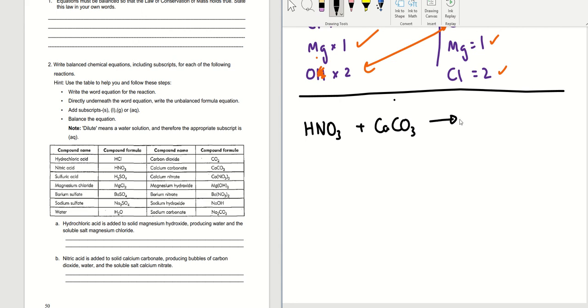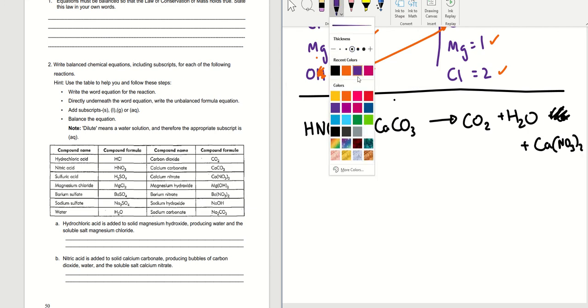We get carbon dioxide. We get water. And we also get, hopefully it fits, calcium nitrate. Ooh, it won't fit. So I'll just rewrite this one down here. Ideally, you should write it on the same line, but obviously I write a bit too big, so we'll just have to leave it as it is.